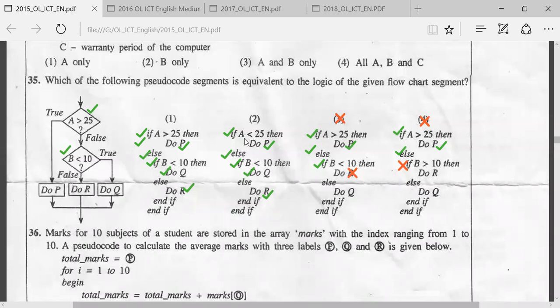Sorry, I forgot. In the second answer option, we have a less than symbol. So that is wrong, right? So after the do R, end if, and then end if.